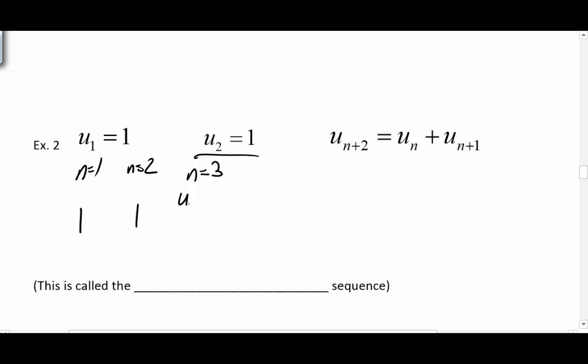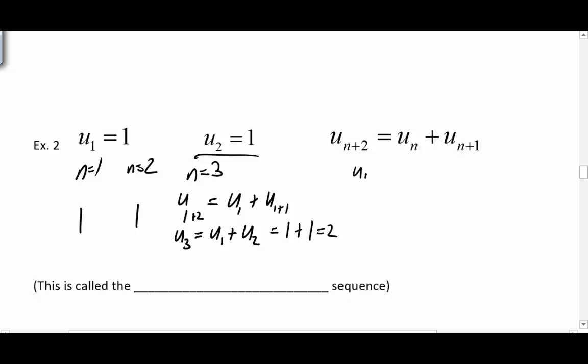If I have n plus 2, what n would generate a 3 here? What plus 2 gives me 3? Well, that's a 1. So u of 1 plus 2 is how we say the third number would be u of n, so u of 1, plus u of 1 plus 1. That translates to the third number being the first number plus the second number. What was the first and second? 1 plus 1, so that means 2.